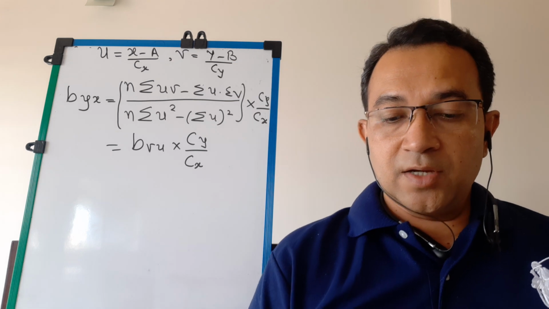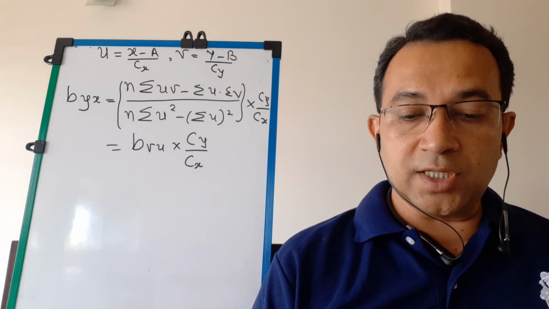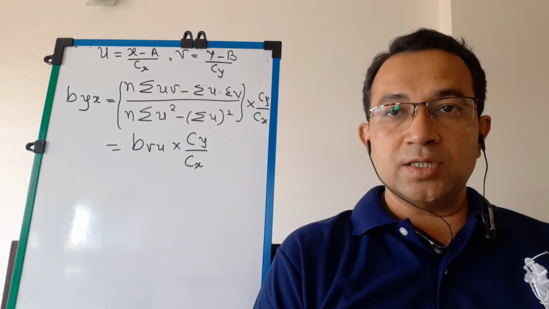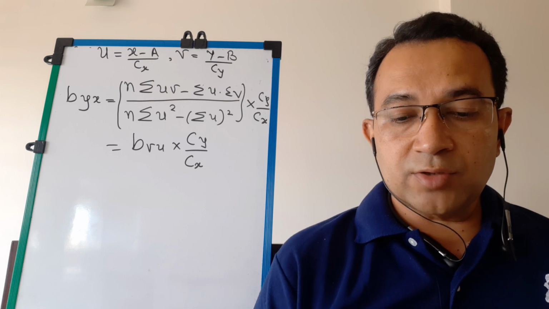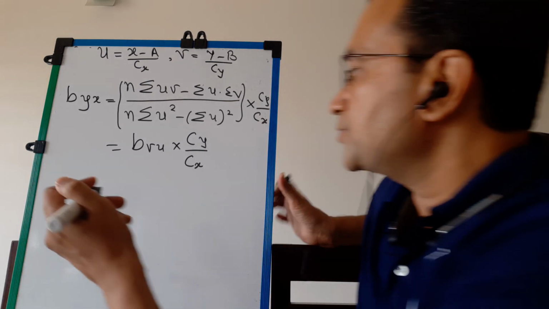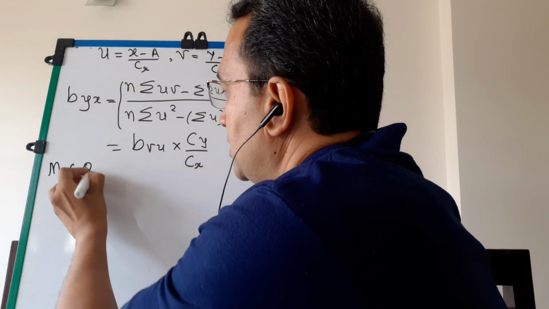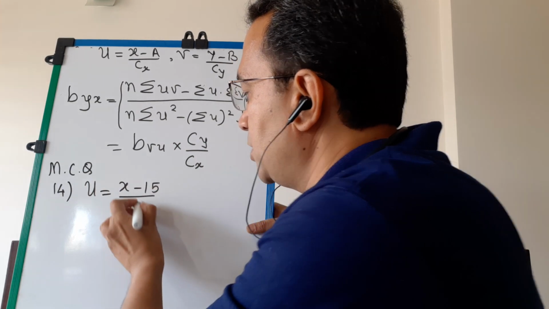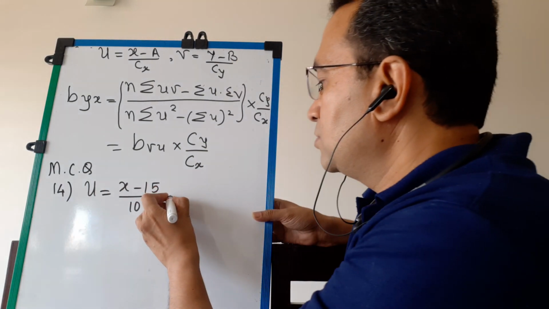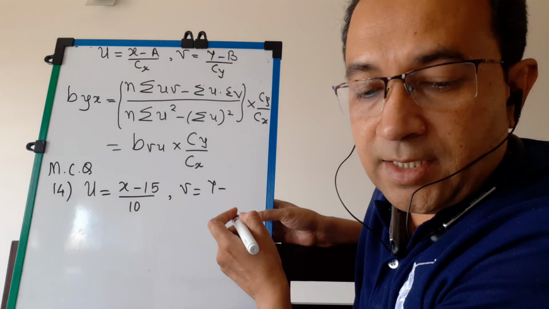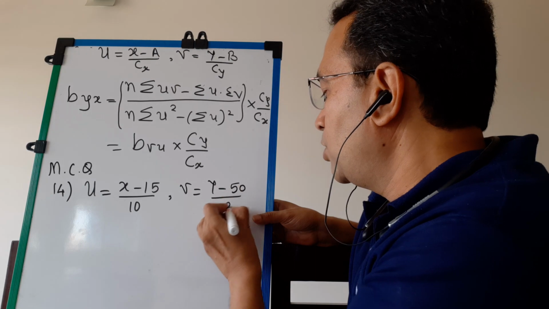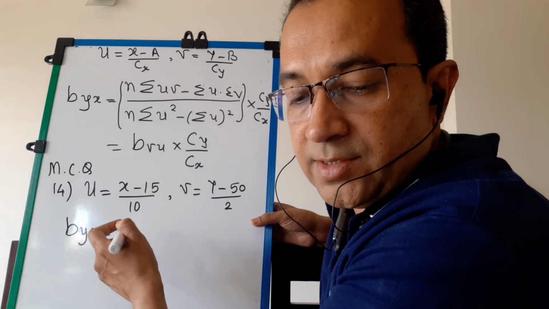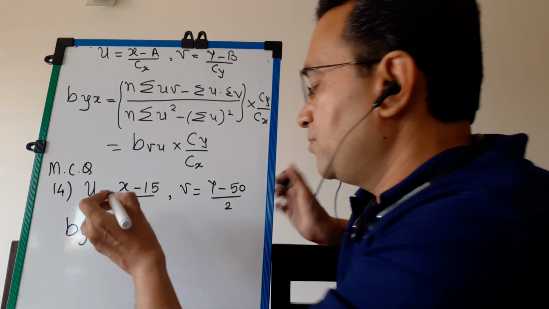So pay attention. First of all, I am doing MCQ 14 of section A. u is equal to (x − 15)/10 and v is equal to (y − 15)/2, and b_yx is given as 7.5.